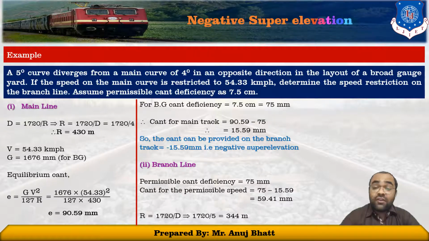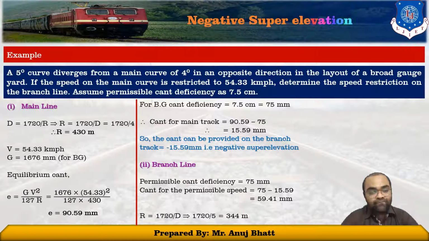Here we have to add this negative superelevation to the cant deficiency. So the cant for the permissible speed should be 75 plus the negative superelevation, but the value of that negative superelevation is minus 15.59, so 75 minus 15.59, which is 59.41.